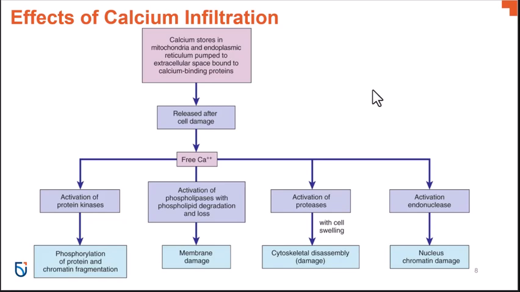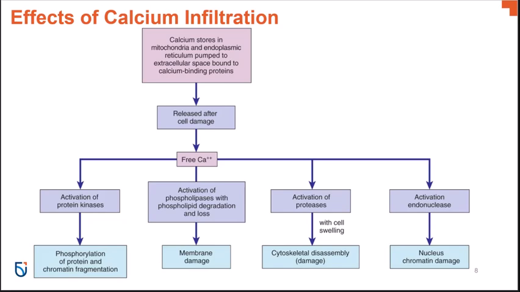Let's return to calcium for a moment and discuss the effects that it can have when it infiltrates the cell abnormally. I want you to think of free cytosolic calcium as being a very destructive agent in the cell. Calcium ions are critical mediators of cell injury, and they're usually maintained at low concentrations within the cell cytoplasm.